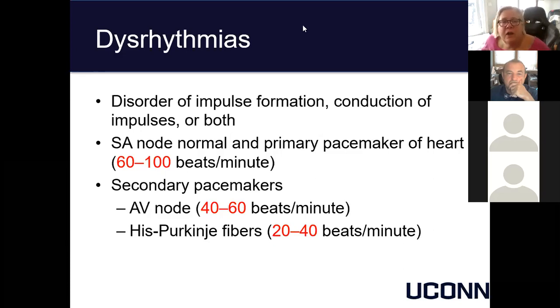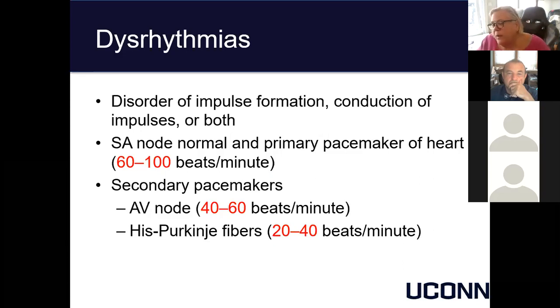And we usually start by knowing the normal range of the impulse of the SA node. If the SA node is working as expected, which is the primary pacemaker, it is going to beat between 60 and 100 beats per minute.